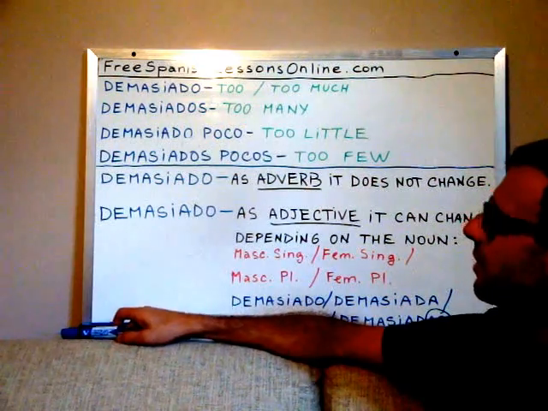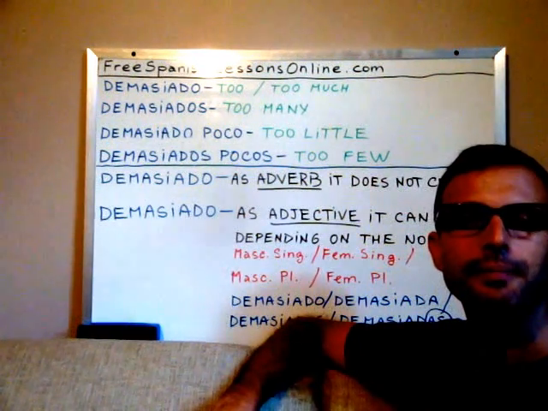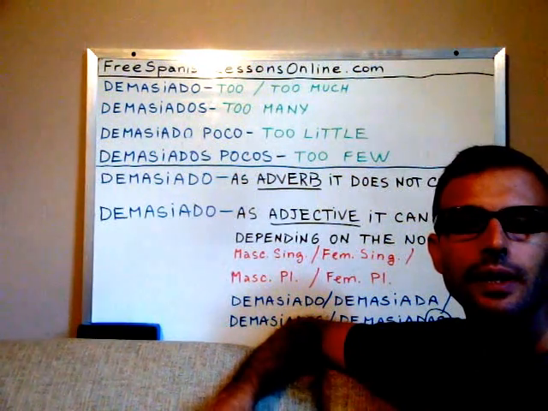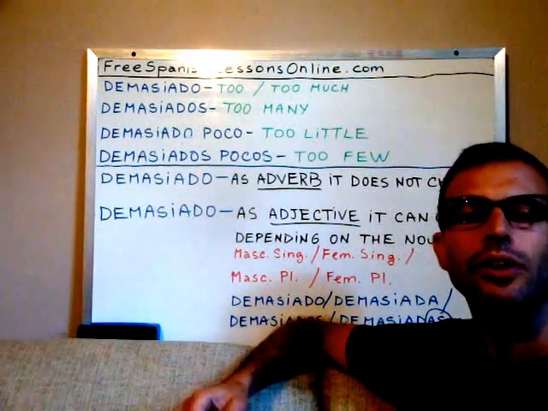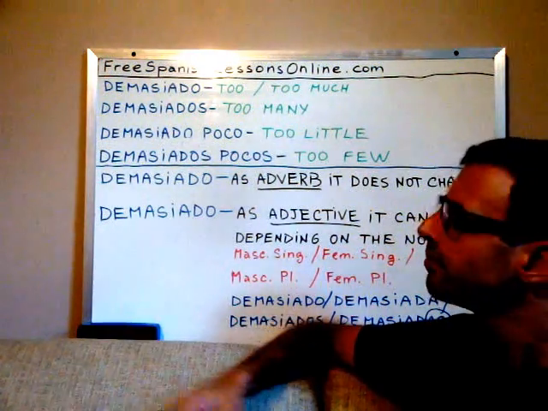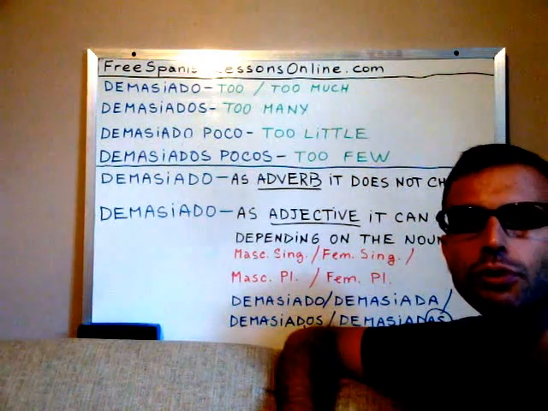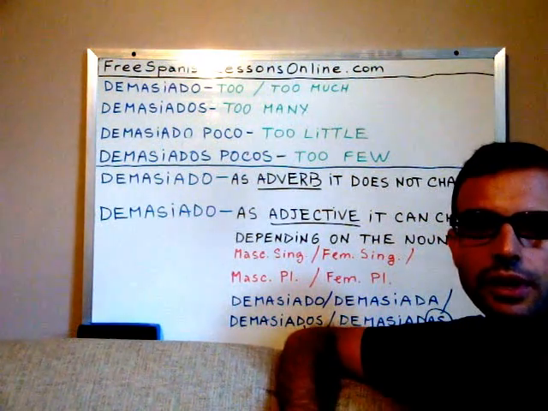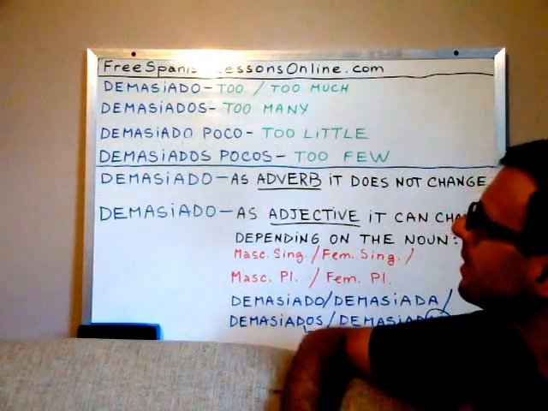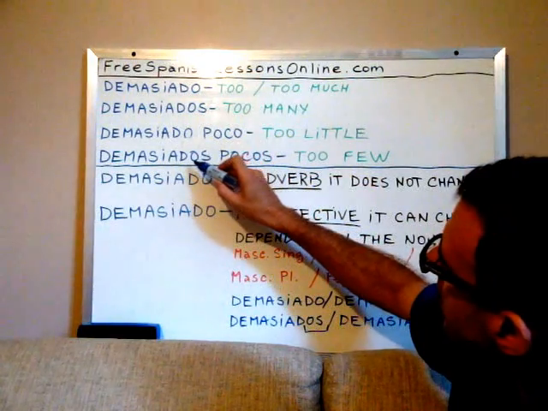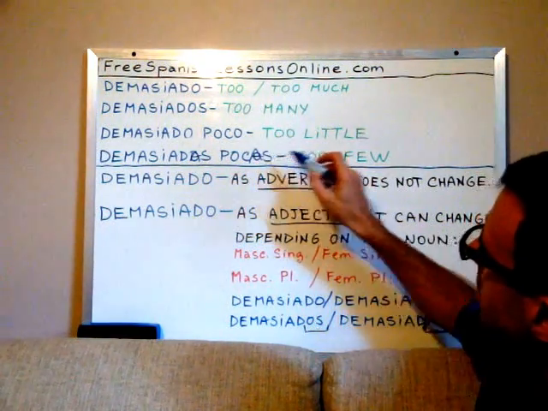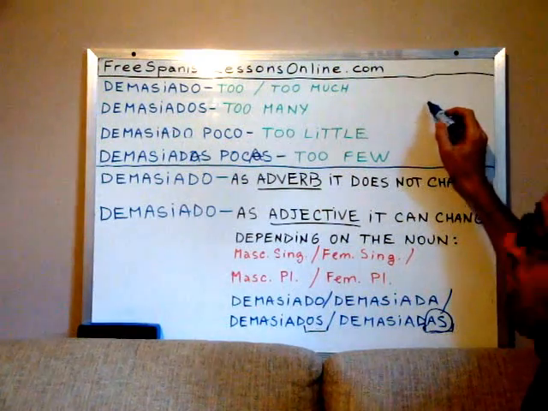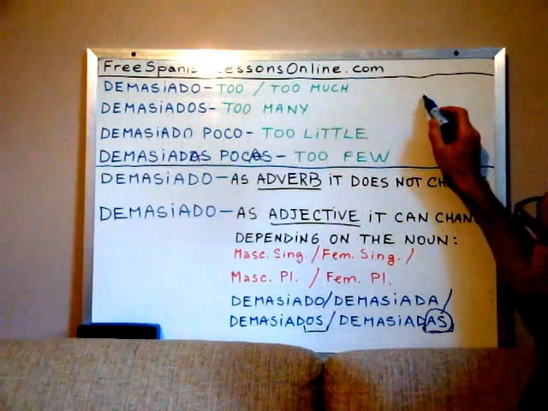So let's say, for example, tengo demasiadas pocas cosas. I have too few things, okay? And demasiadas pocas cosas, it ends in A and A, because I'm saying too few things.